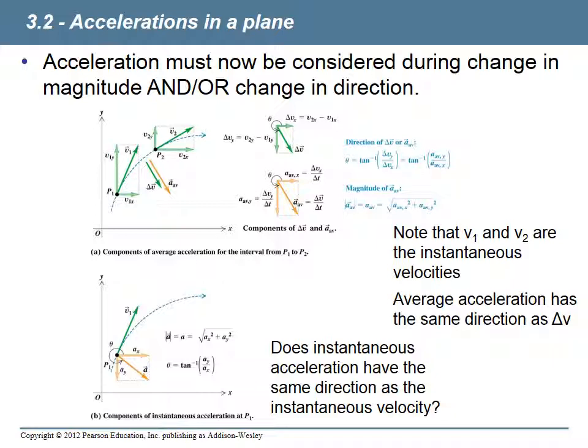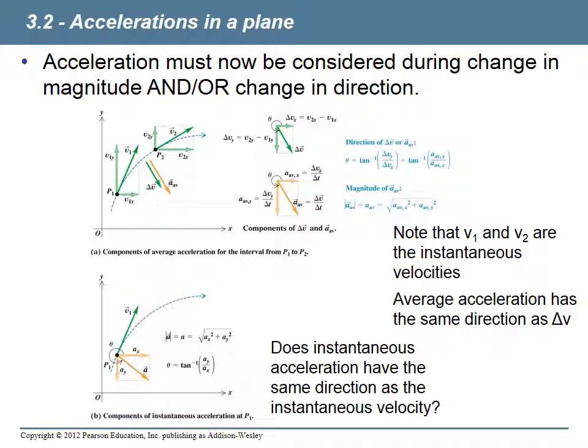Or the arctangent of the average acceleration in y divided by average acceleration in x. And again, the magnitude comes from the Pythagorean theorem, where the magnitude, represented by the absolute value symbol, is the square root of the sum of the squares of the individual components of the acceleration.